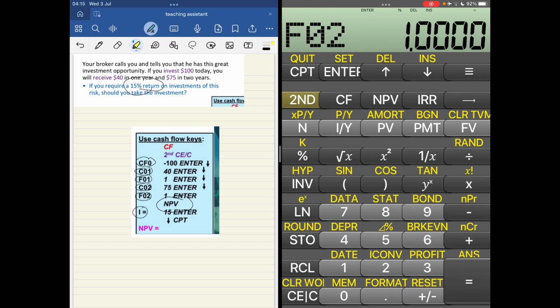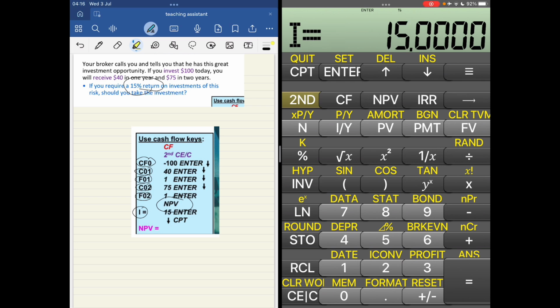Now you have to calculate the NPV, the net present value, of every cash flow, including CO1, CO2, CF0. To do it, you find the button on the second row of the calculator. NPV is the third button from left to right. You press NPV.